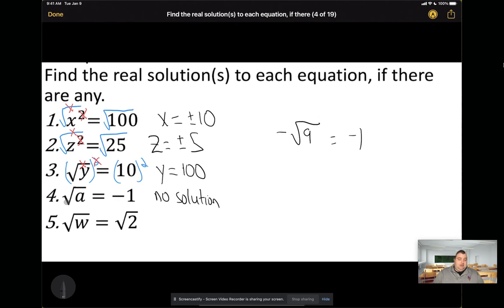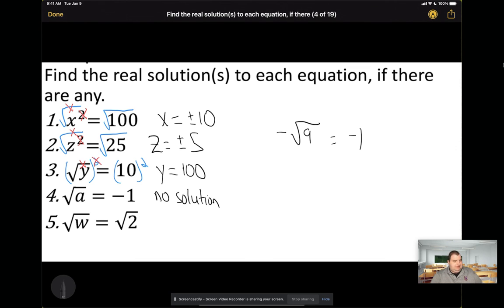In number 4, this is saying that a positive number equals a negative number, which is not possible. So to make it solvable, all I would have to do is put a negative in front of the square root.